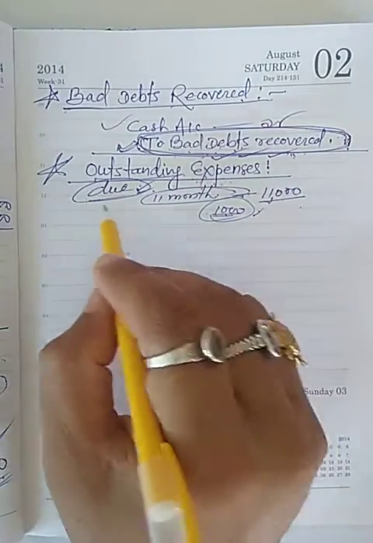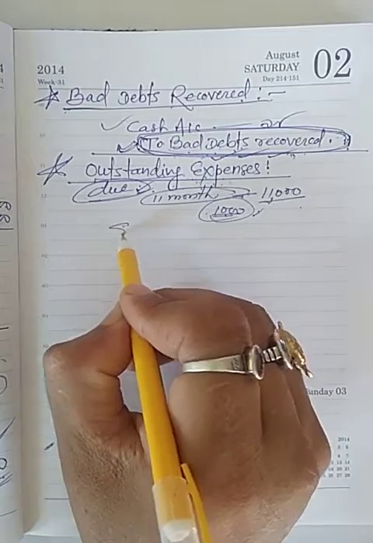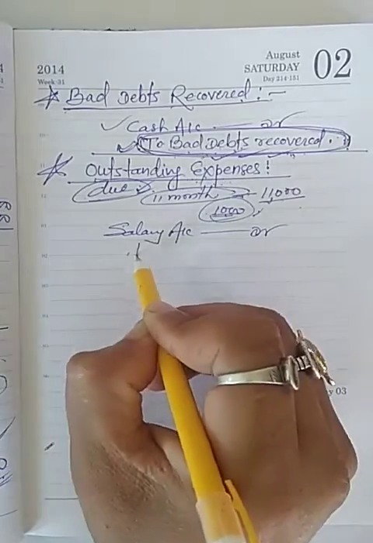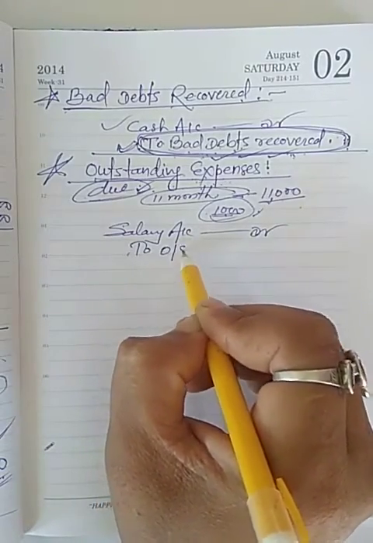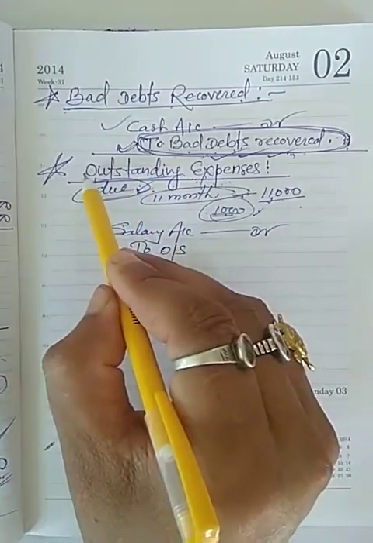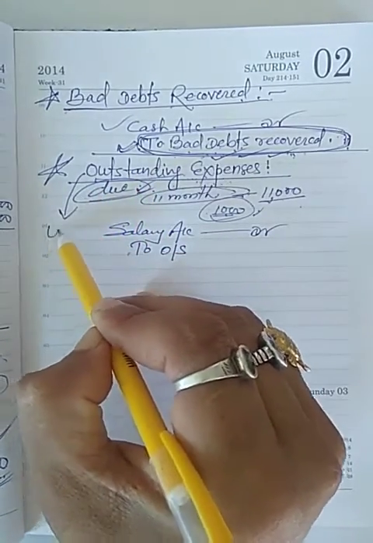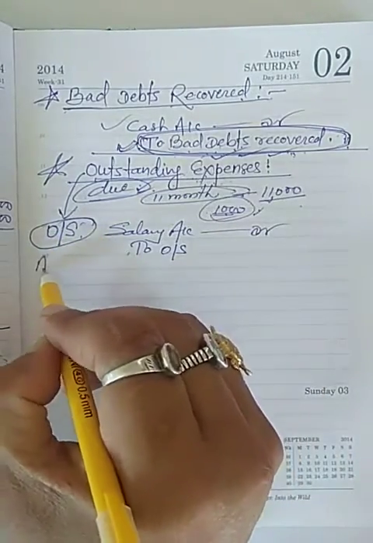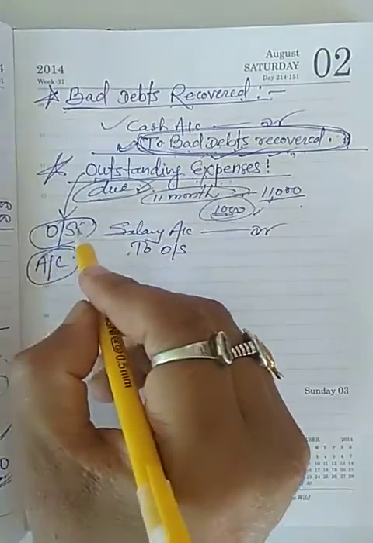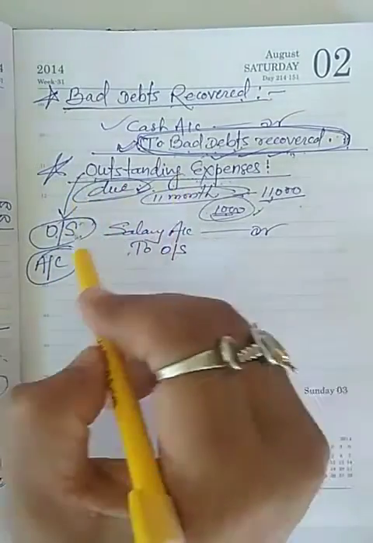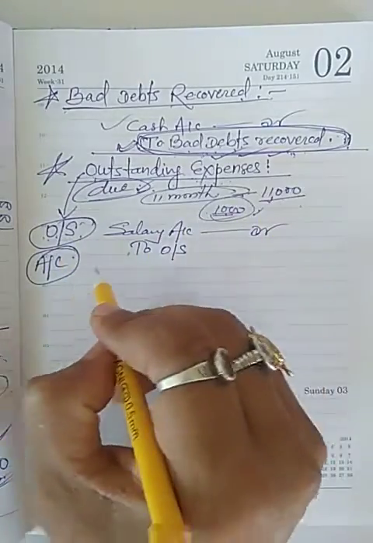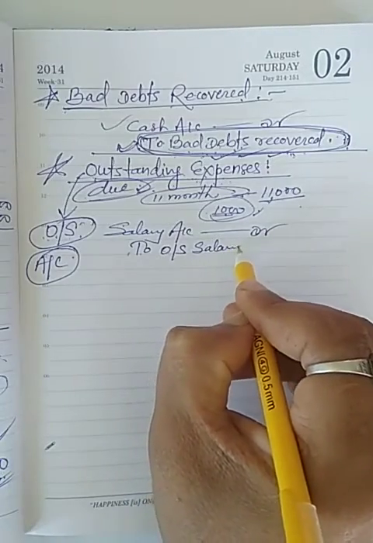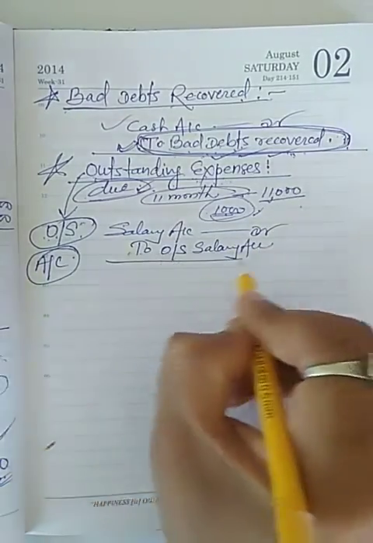Therefore, the journal entry will be salary account DR to outstanding salary account, 1000. Outstanding is written in short form as O/S, just as A/c means account.